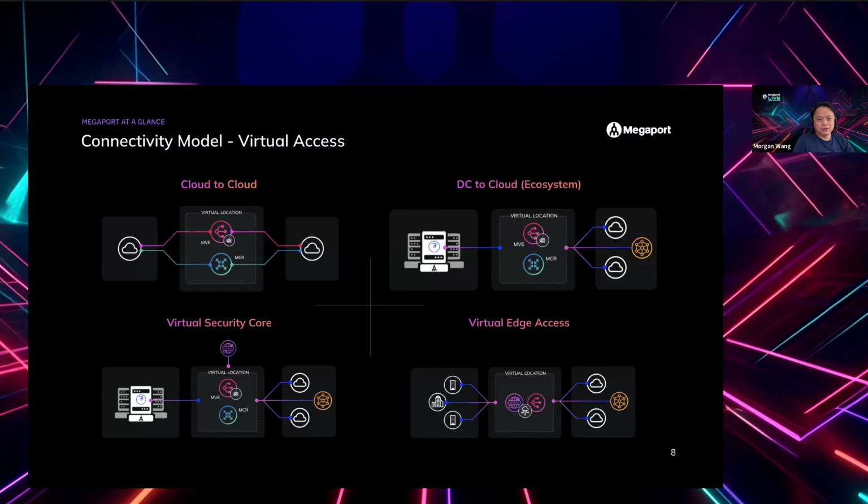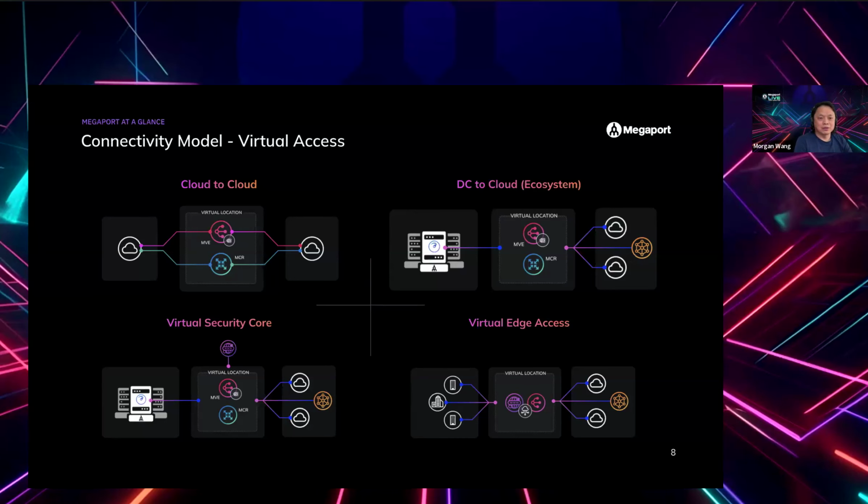With virtual access services, instead of a physical port in a data center, customers can order a Megaport Cloud Router, in this diagram the blue round icon, or Megaport Virtual Edge, which is the red one here. These two different flavors of virtual appliance are hosted on the Megaport platform, where the Cloud Router is a simple routing instance.